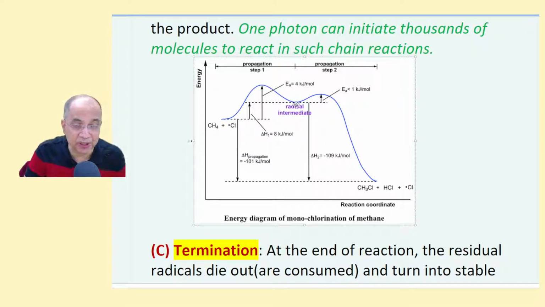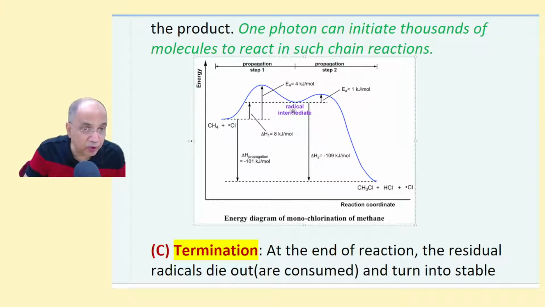This is represented by an energy minimum, right? And this activation energy is large. That is why this is a slower process. And then the alkyl radical combines with another halogen molecule, chlorine, Cl2, to produce finally the product CH3Cl.